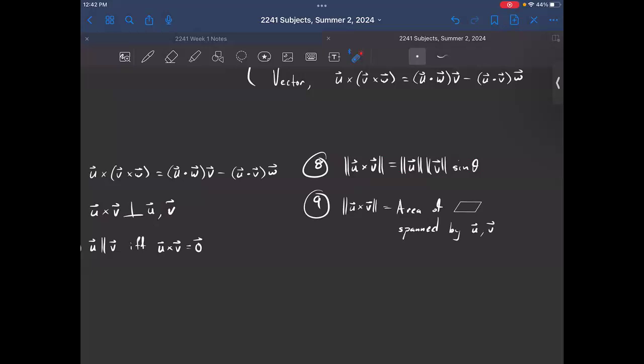And then last, number 9, is that the norm of the cross product can be interpreted as the area of a parallelogram spanned by the vectors u and v. So if this is the vector u and this is the vector v, then they make a parallelogram, just like the tip to tail rule. And the area of this guy is exactly how big the cross product should be.